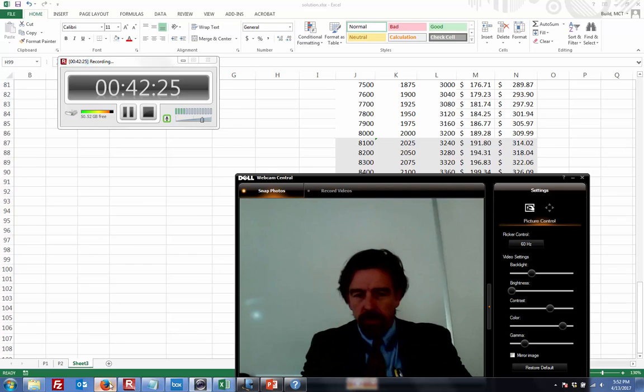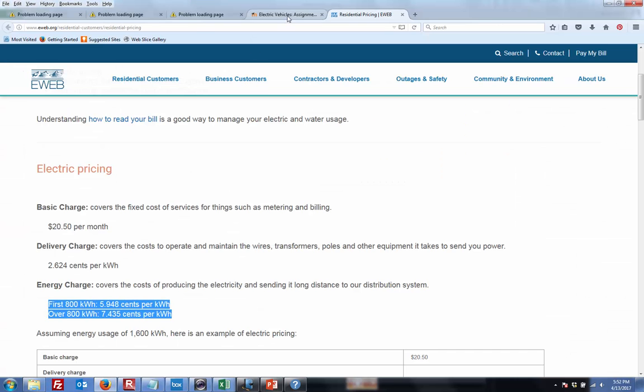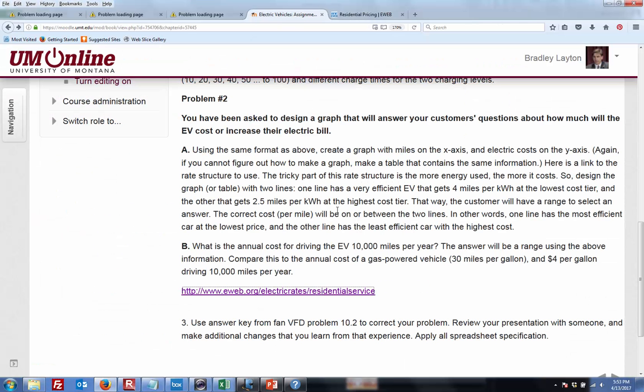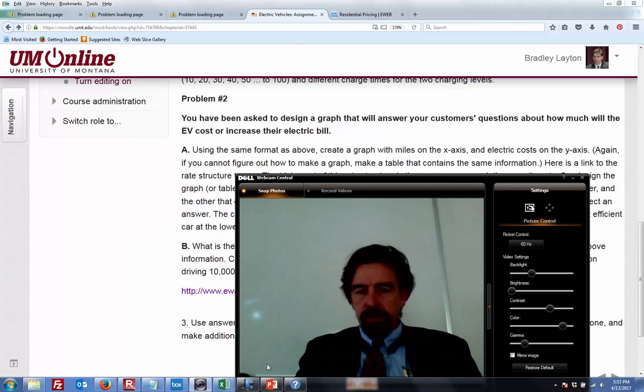And then what else? I think there might be one little more chunk here. Compare it to 30 miles per gallon, $4 a gallon. Okay, let's just do that. That's easy.